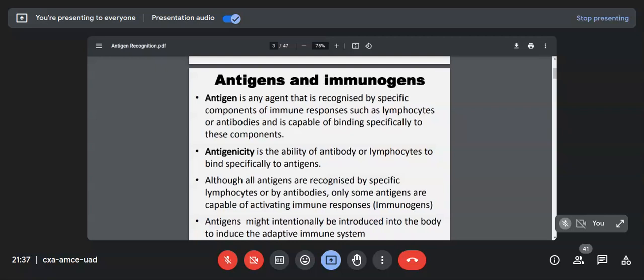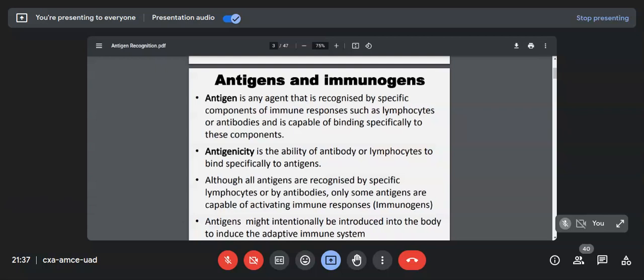An antigen basically is just an agent that can be recognized by specific components of an immune response, such as lymphocytes or antibodies. So an antigen binds to the what? To the specific receptor. Let me repeat that statement again.